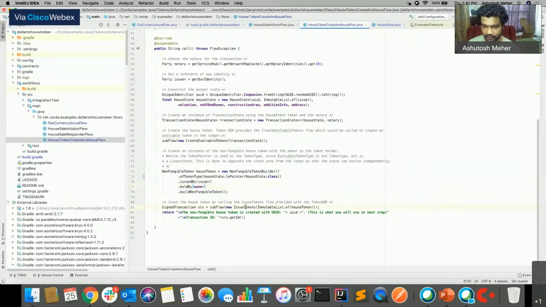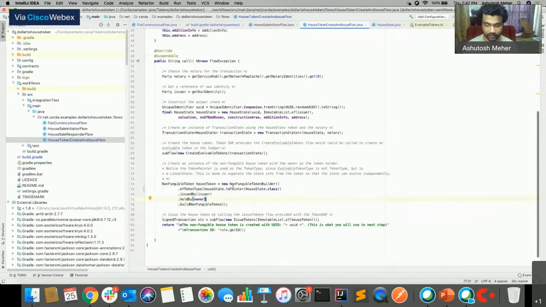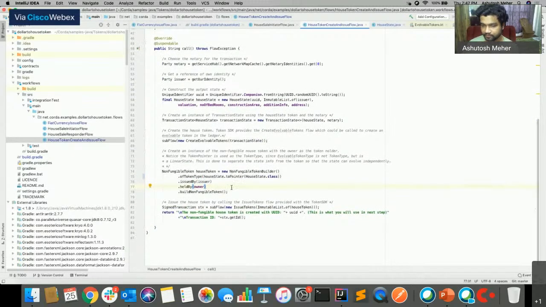And then again, issuing tokens is very simple. Just call issue tokens by passing your token to it, and it will take care of all the underlying things that need to be done.